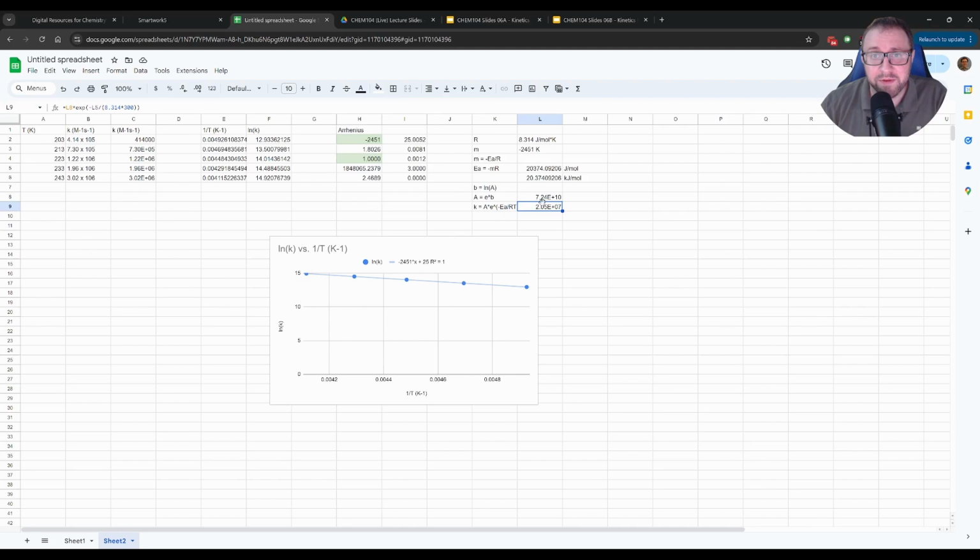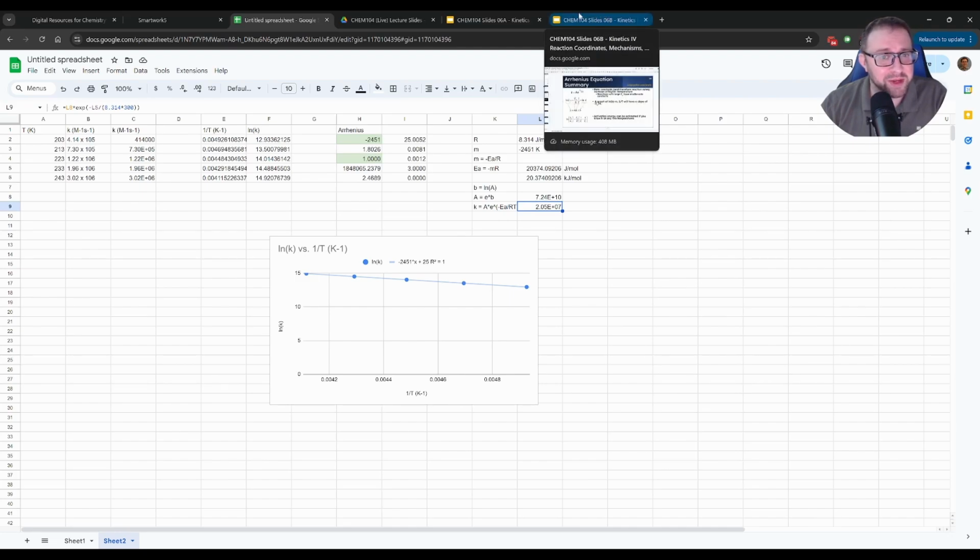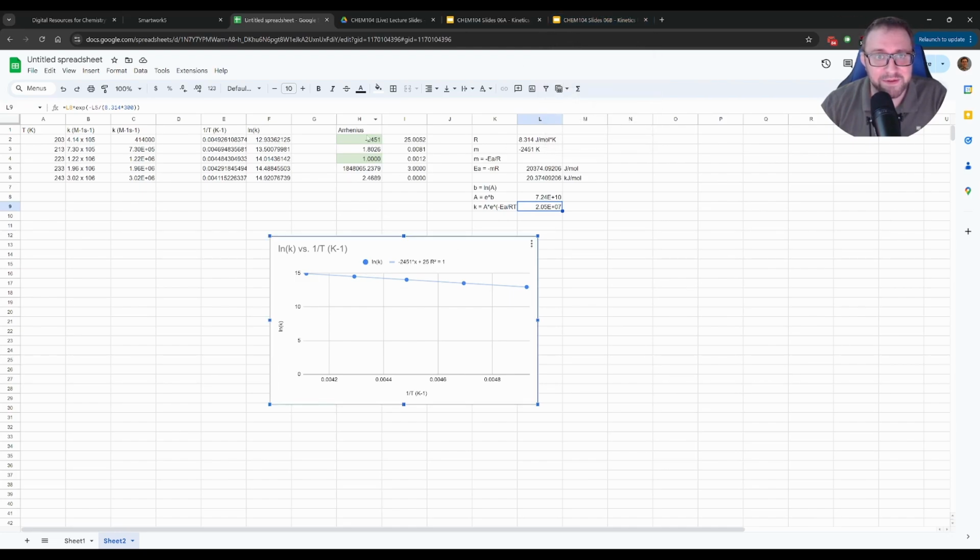This is one way of doing this, and this is actually the long way of doing it, right? We already have an equation here that tells us our value of K, right? We have our linear regression, which says the natural log of K is equal to negative 2451 times X plus 25. So if we wanted to be really formal, we could just reuse that. We would say that this number times 1 over 300, right?